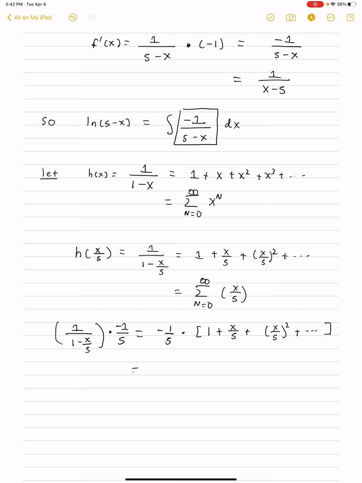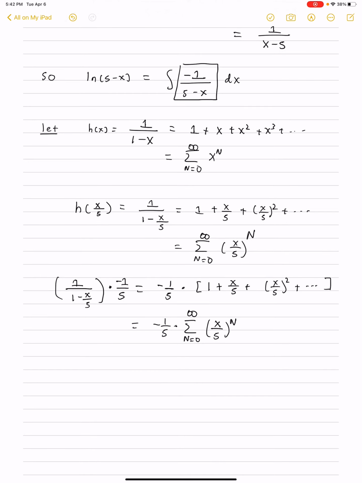This continues down to be minus 1 over 5 times the summation from n equals 0 to infinity of x over 5 to the nth power.